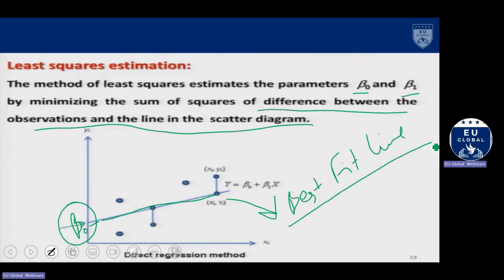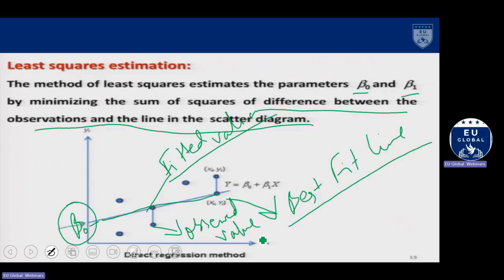The values on this line represent the fitted values, and these other values are called the observed values. So we have to make sure that whatever the difference between the observed value and the fitted value is, that is actually minimum, right? That is why it is called the least square estimation or the direct regression method.